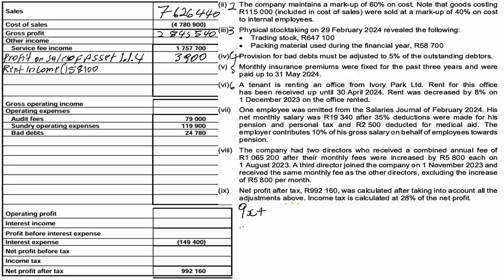The 1st of December. 1st of December, which is December, Jan, Feb, March, April, right? For 5 months, the rent decreased, but we don't know again the rent before the decrease. So we're going to have 5x.